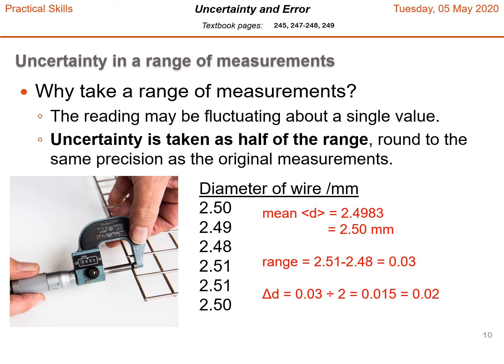The uncertainty here is the range divided by 2, which of course gives us 0.015. Yet we should round that and give that to the same resolution as the measurements which were originally taken, which is 0.02 millimeters.